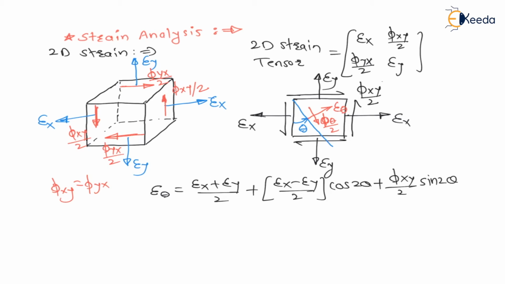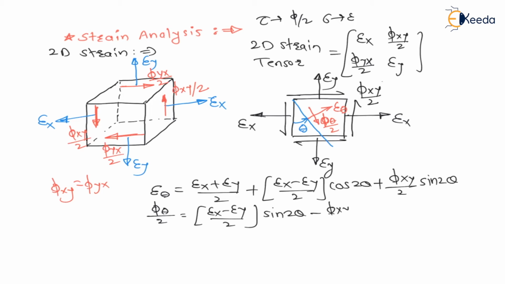Instead of tau we write phi by 2, and instead of sigma we write E, that is normal strain. And phi theta by 2 is nothing but Ex minus Ey by 2 sin 2 theta minus phi xy by 2 cos 2 theta. This is how we have to find it.